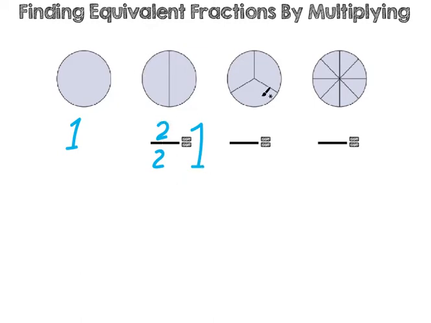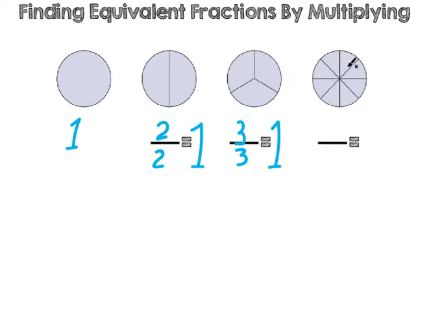Understand? One whole. So here, how many parts are colored or shaded? Exactly 3 parts. How many parts in all? It's divided into how many parts? 3. Very good. So 3 out of 3 parts equals, again, one complete circle, one whole.